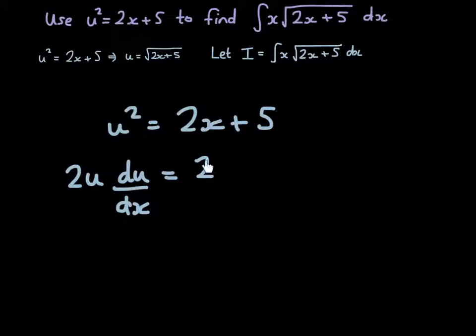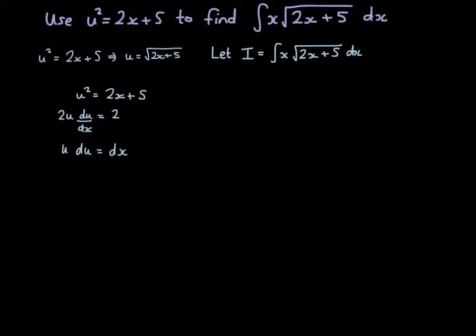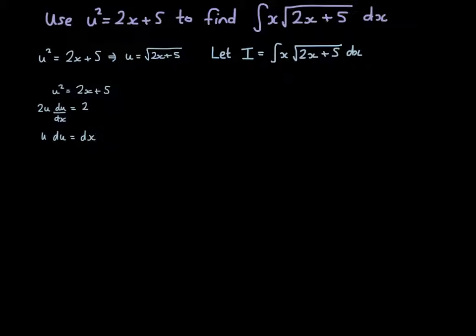Okay. So if we cross multiply here, we'll get u du by dx equals dx, because when we take the 2 across, it'll cancel with the 2 on the left hand side. Alright, so that's the square root of 2x plus 5 and the dx part sorted.